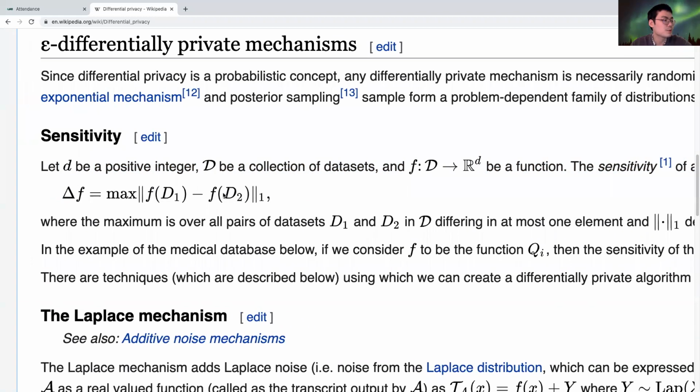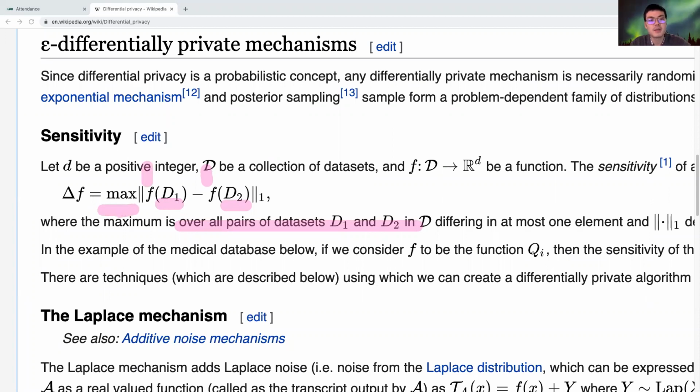You want to report, maybe, the count of data in a database, and D1 and D2 differ by one row. The sensitivity says, for any pair D1, D2 that differ by one row, if you give this statistic you want to report, they are different. What's the max possible value?